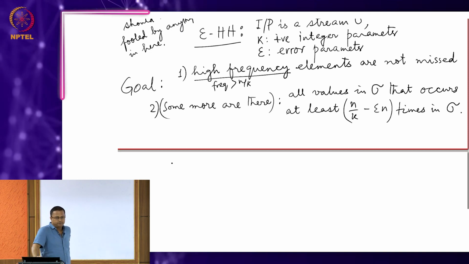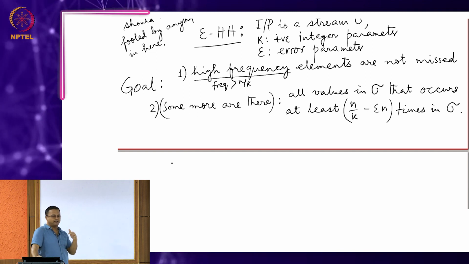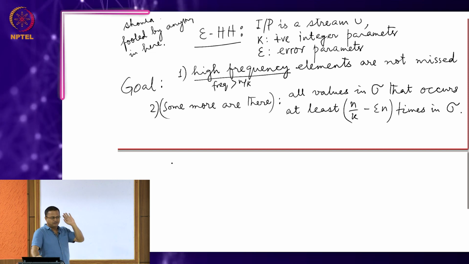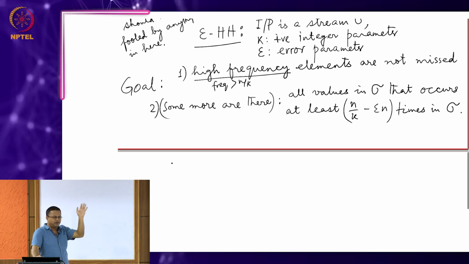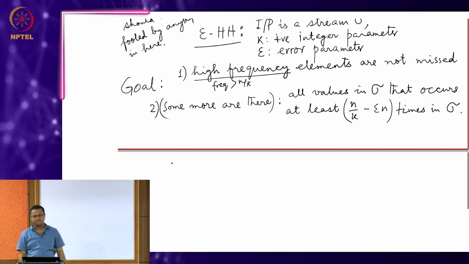So, this is my goal. So, kind of I have come down in my expectations, right. Earlier I was just reporting only those elements having frequency greater than n by k. Now, I say, well, also report this.